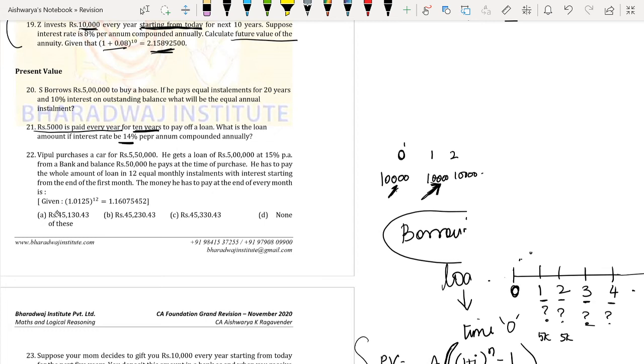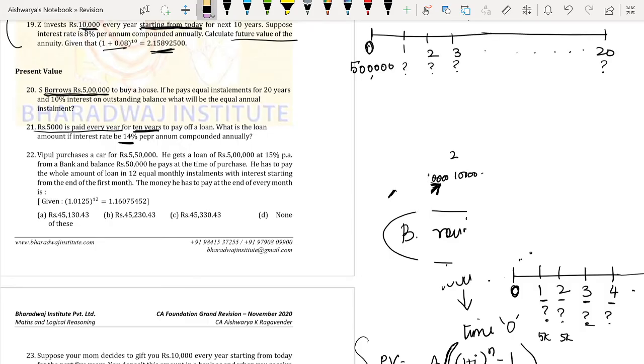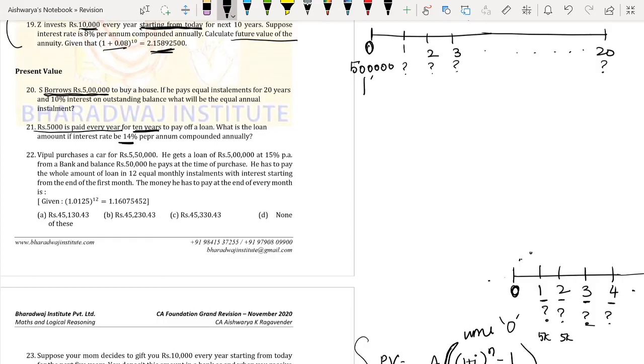So how much is the loan installment that he is repaying? So A is missing in this case. How are we going to find A? We will use the PV formula because the borrowing, the lump sum, happened at this juncture.